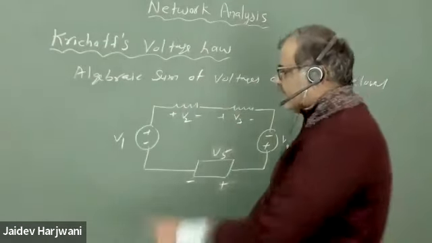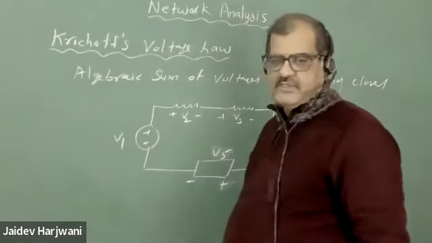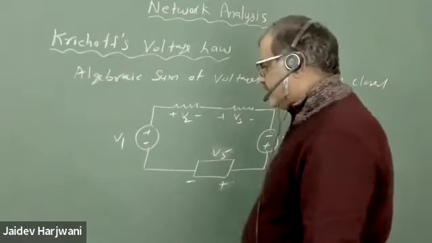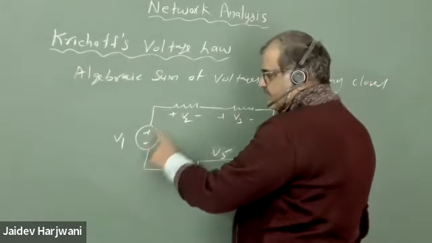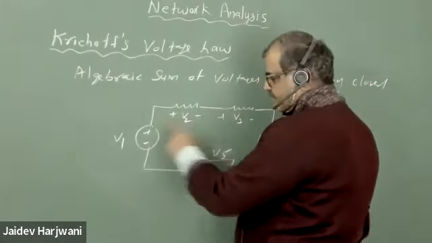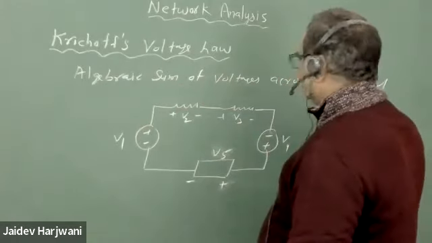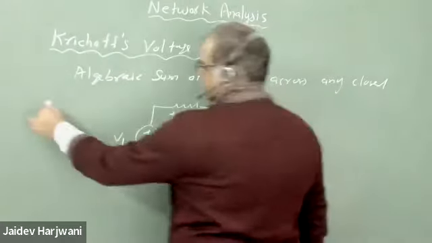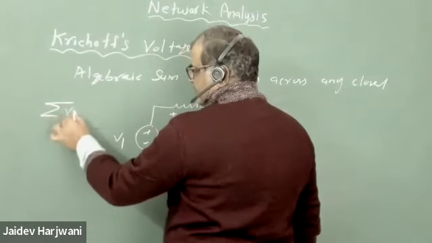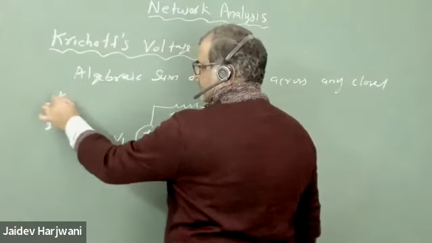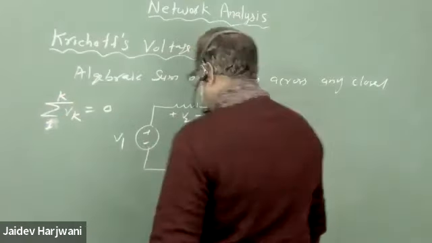Generally I take voltage rise as negative, because there is less probability of making a mistake, as whatever sign comes, I just write that sign. For example, it says the algebraic sum of voltages across any closed loop is 0. So suppose I have n voltage drops, then the sum should be 0.